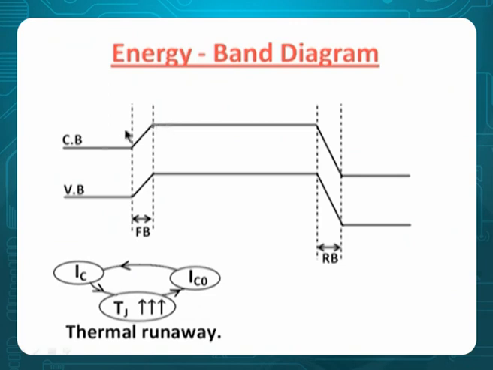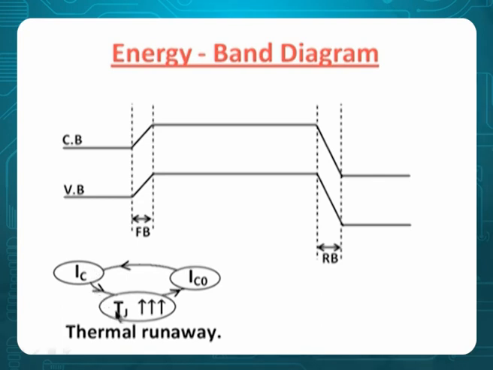And if you see the energy band diagram, roughly, this is not the accurate one, but an idea I wanted to give. This is the conduction band, valence band, emitter, base, collector. So when the electron is going from here to here and then falling down, when anything is falling down, there will be temperature developed.